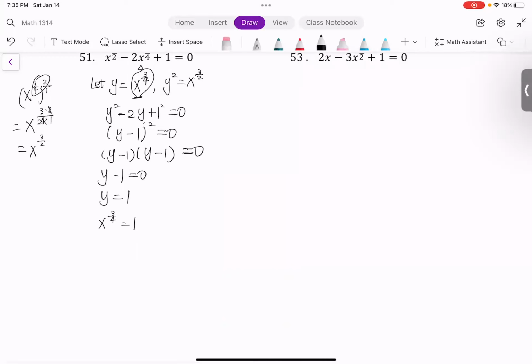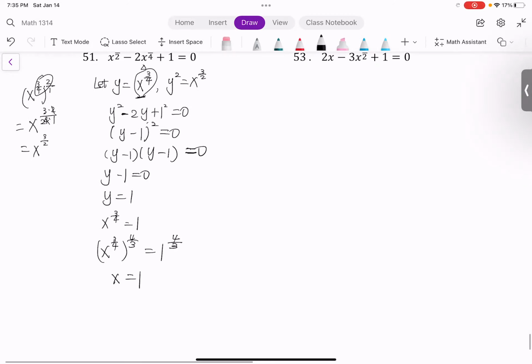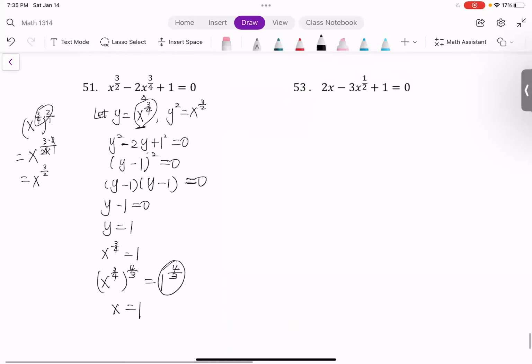Get rid of the power 3/4. I raise them to the 4 over 3. So you raise 1 to any power, that's 1. So x equals 1. So we solved this one. Let's try next example.